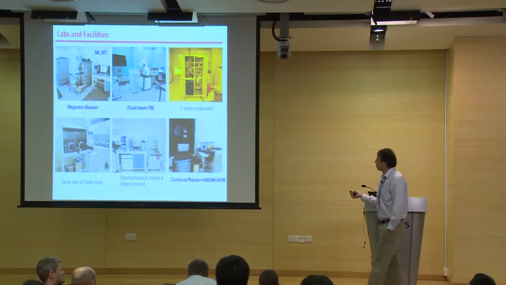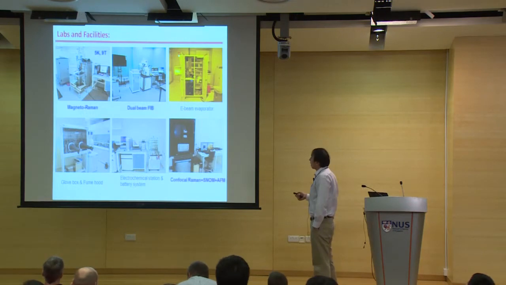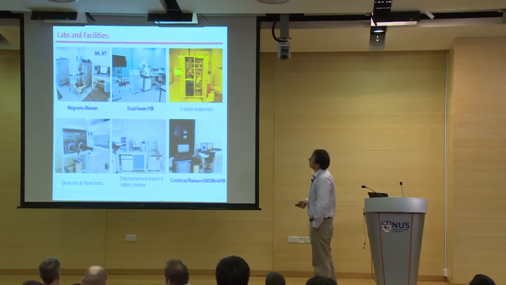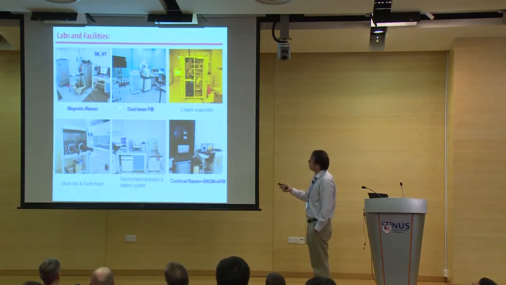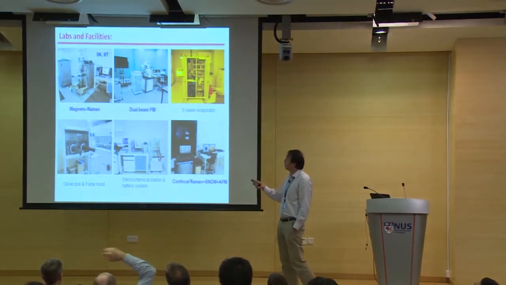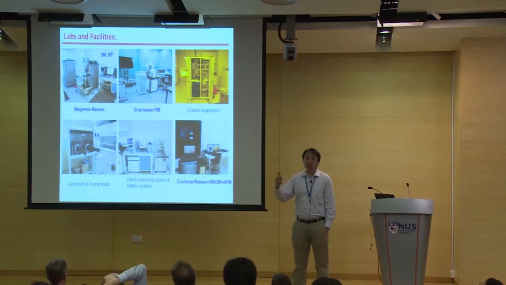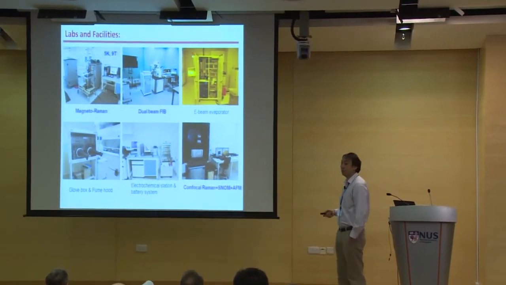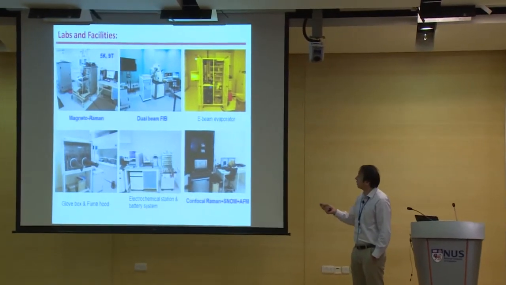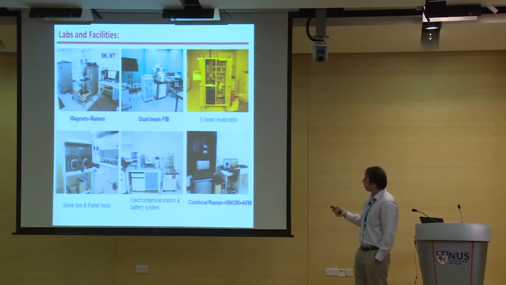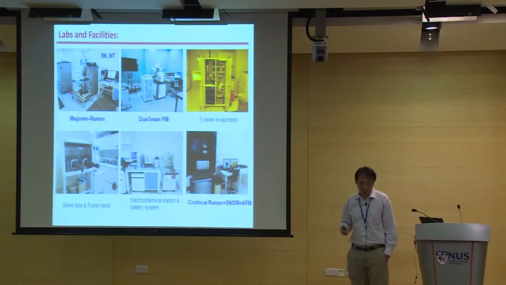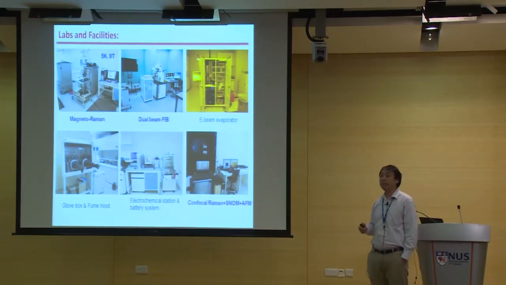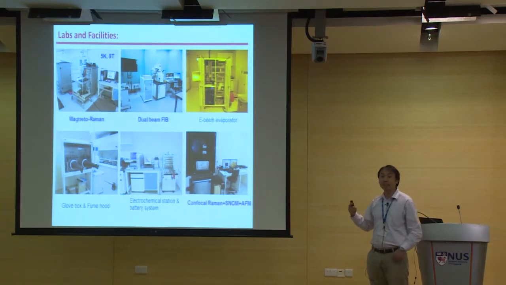And the lab at NTU, this is a special one. This is a customer-designed system. Basically, this is a magneto Raman or PL. All Raman systems can do PL, depending on whether you pick up the Raman signal or the photoluminescence signal. So this one is kind of special. This system can go down to a temperature of 4 or 5 Kelvin, and meanwhile we can apply a magnetic field up to 9 Tesla.